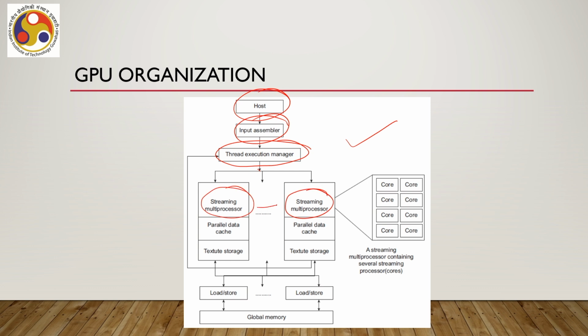There can be a large number of such multiprocessors which have a parallel data cache, where the multiprocessors can store their data. There is an element called texture storage, which essentially stores some information about predefined colors, or predetermined surface colors.